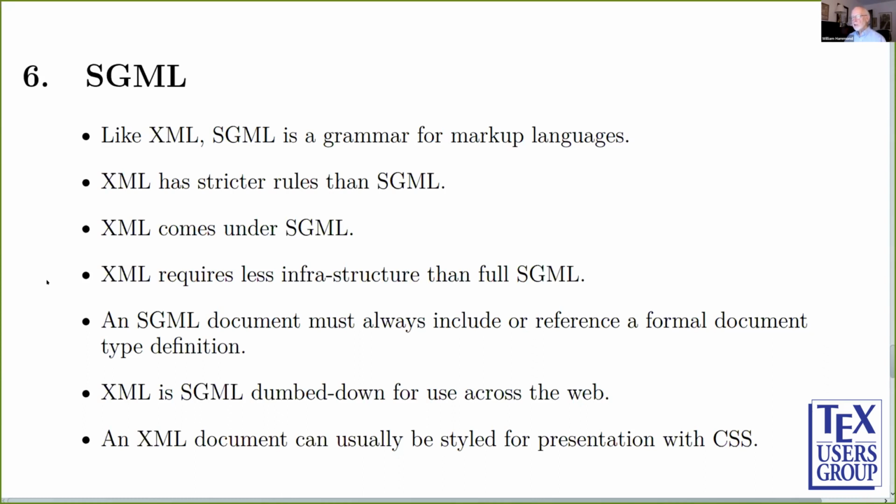XML requires less infrastructure than full SGML. An SGML document must always include or reference a formal document type definition. XML documents, on the other hand, can stand alone and don't always need to reference a formal document type definition.